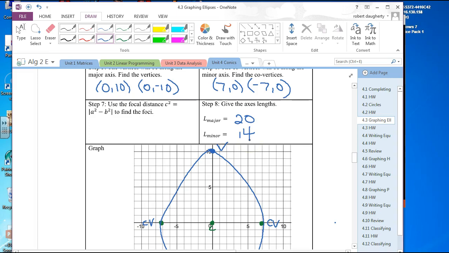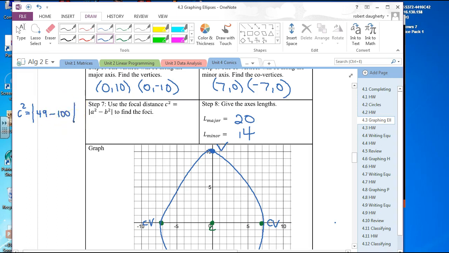Now, to find the focus points or the foci, you have to use this formula, the focal distance. So C is the distance from the center to the focus. And it's defined, C squared is the absolute value of A squared minus B squared. What is A squared? 49 minus 100.